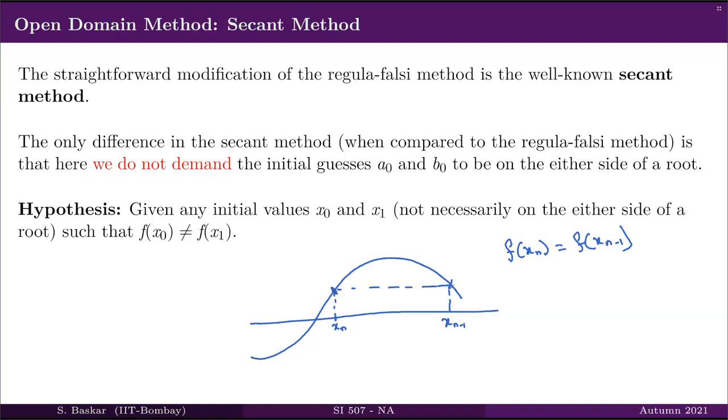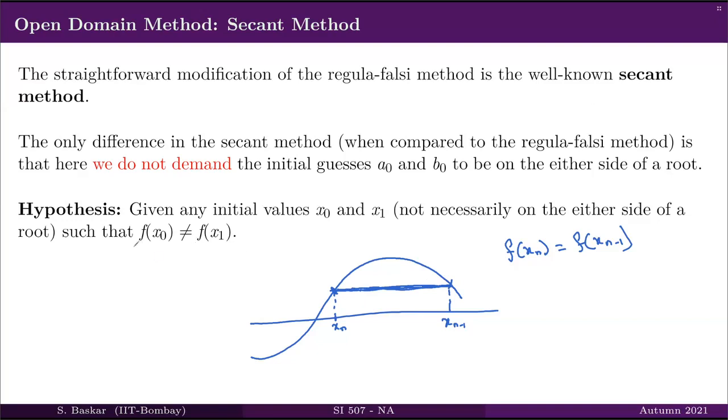In that case, what happens? Since we are looking for the intersection of the line joining these two points with the x-axis, and in this case the line is parallel to the x-axis, it will never intersect the x-axis. This is the geometrical explanation for why the secant method can fail.